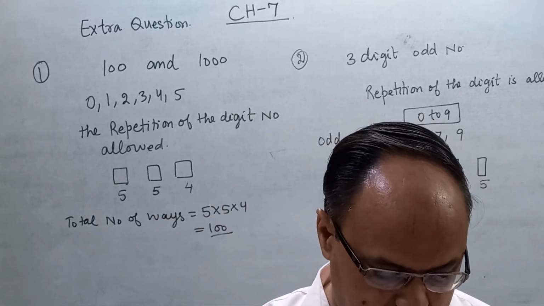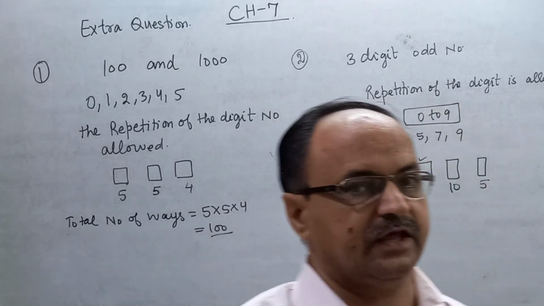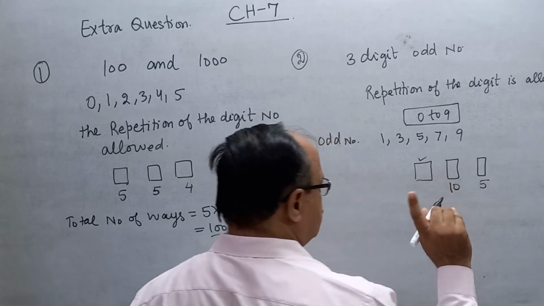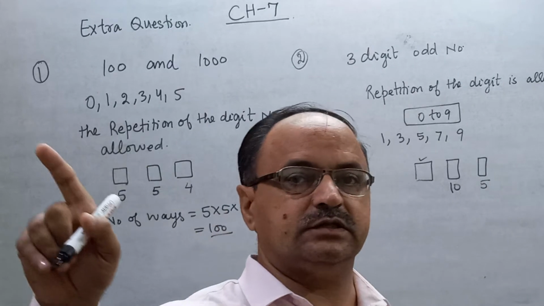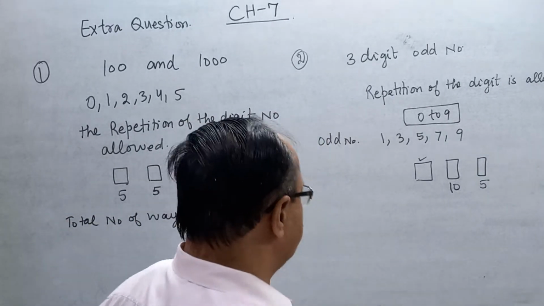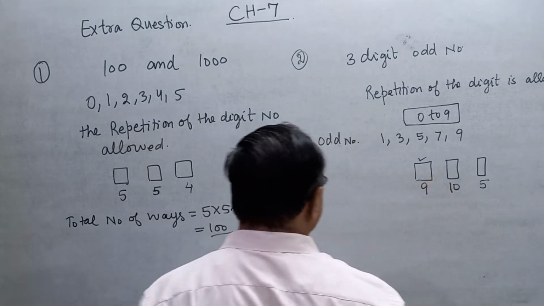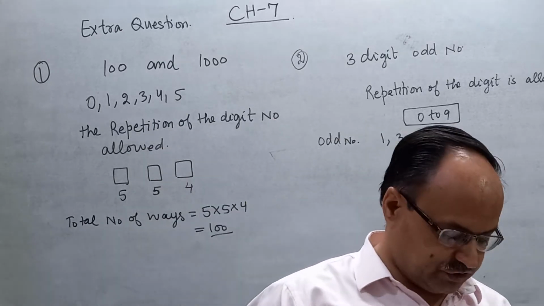And the 100 place, you know that in the starting you can't put 0. It means you can put 1 to 9, total 9 digits. So this column you can fill in 9 ways.